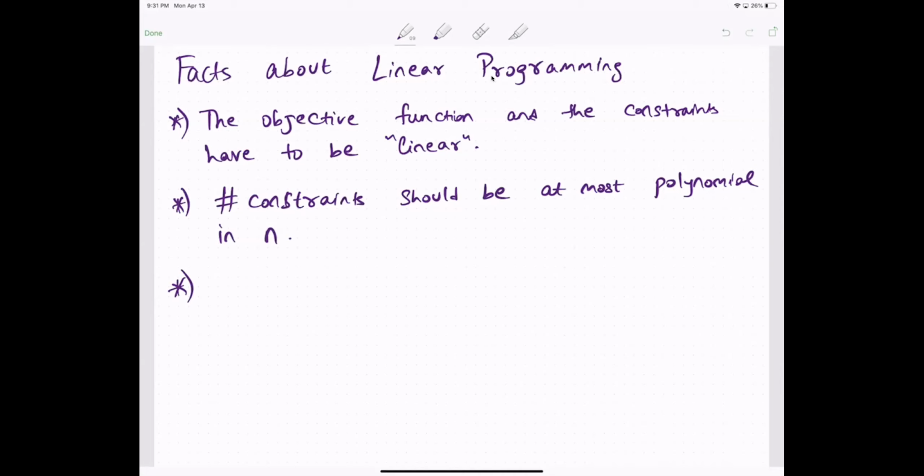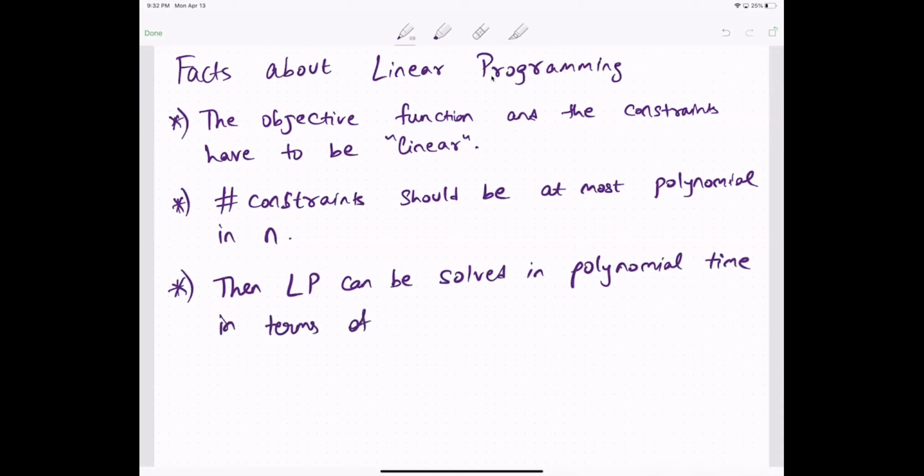We want to come up with an approximation algorithm, and we want that algorithm to run in polynomial time. So LP can be solved in polynomial time in terms of n. These are the only basic facts we need. This should be enough to get started.